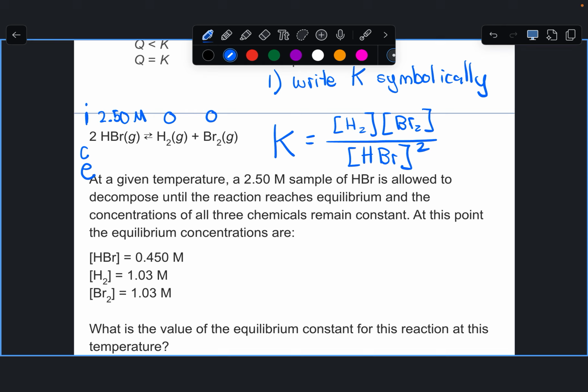Then the thing reacted. We don't know how much exactly reacted. But in the end, it tells us that it achieves equilibrium, and once we get to equilibrium, these are the concentrations. So we need to really clearly in our head separate initial concentrations from equilibrium concentrations.